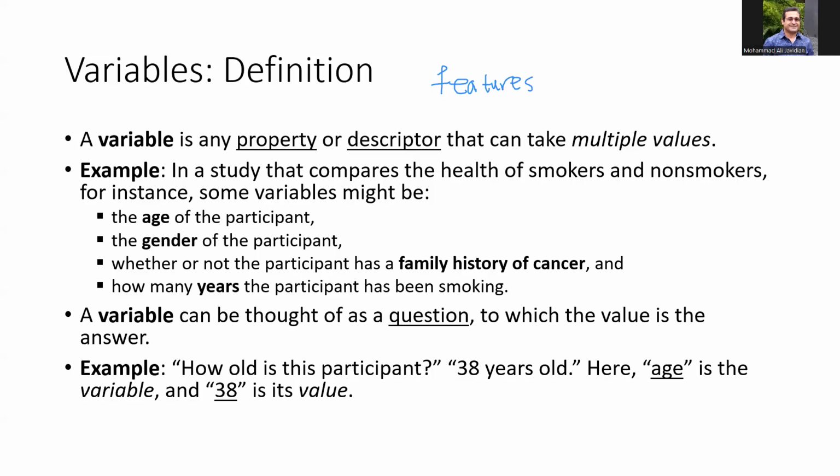For example, age is a variable in the study that we discussed in the example. So if someone asks how old is this participant and the participant answers 38, that means the value of variable age is 38 in this example. So that's another way to think about a variable.